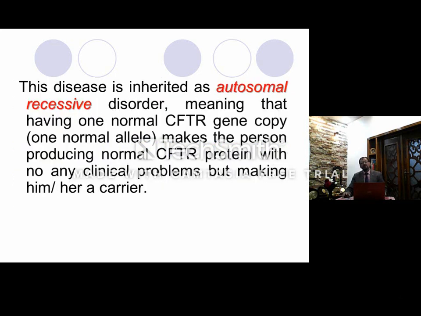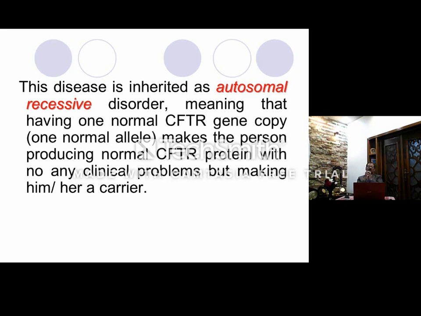Okay, so how is this disease inherited? It is inherited as an autosomal recessive disorder. As you know, for every gene in our body, we have 2 copies. One copy comes from the father and the other copy comes from the mother. So in cystic fibrosis, and almost all cases of autosomal recessive disorders, if one copy is working normally and the other is not, then the clinical manifestations will not be there.